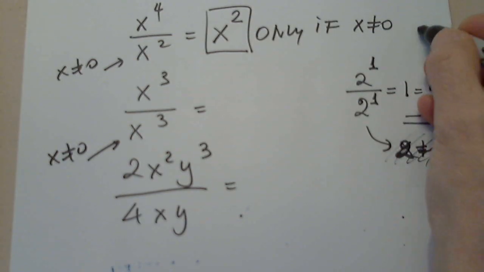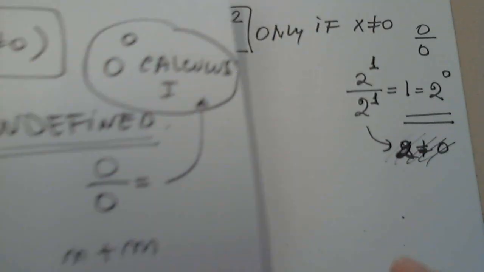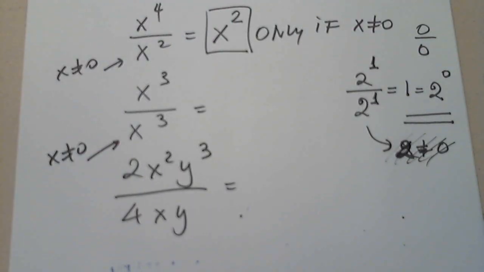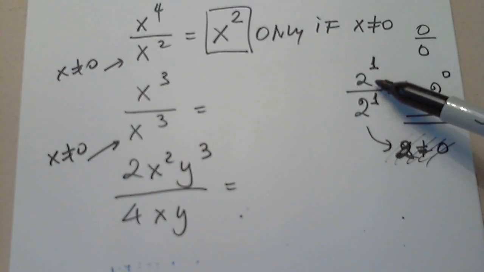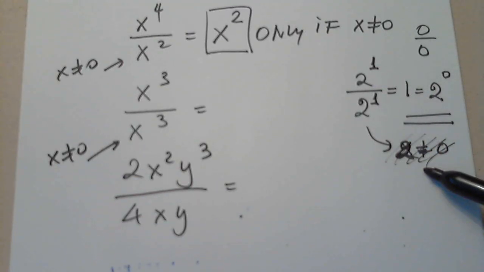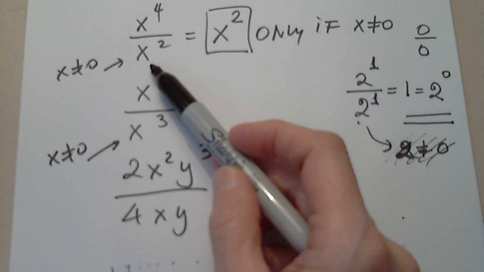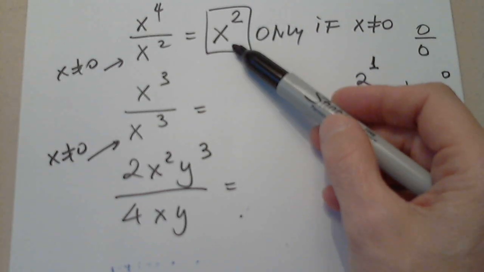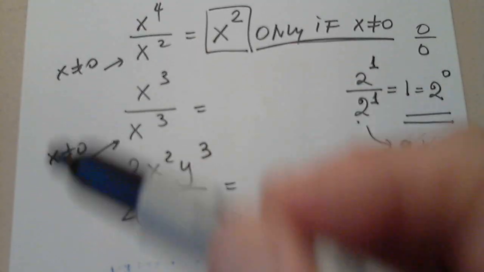Because if x is 0, I have 0 over 0, which is a situation that I don't know how to handle yet. So there is no need to say that 2 over 2 is 1 only when 2 is not 0, because 2 is never 0. But this is a variable, and variables can take different values. So x to the 4th over x squared is x squared indeed, but only if the denominator, which is x, is not 0.